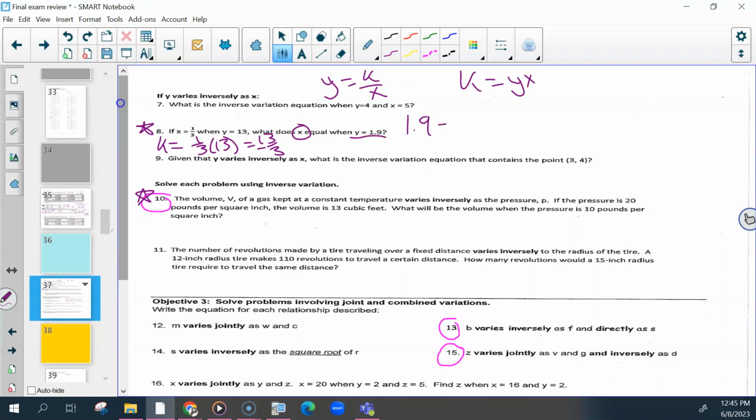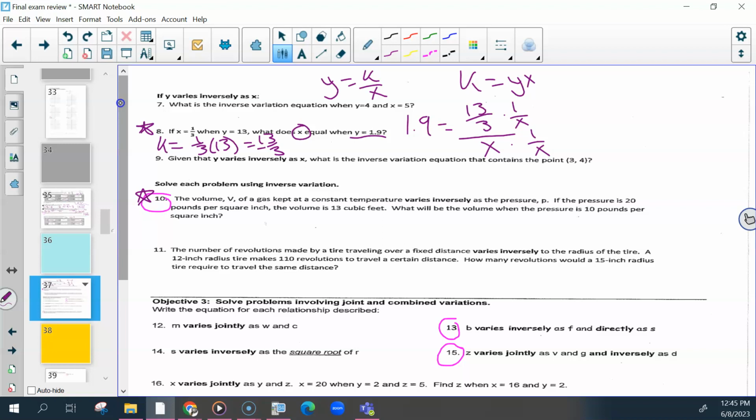So 1.9 equals 13 over 3 over x. Doesn't look nice in that format. So to get rid of the fraction within a fraction, we're going to multiply x by the reciprocal of the denominator and numerator of that entire fraction.